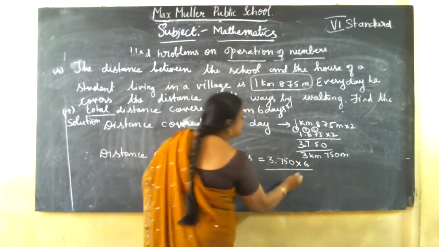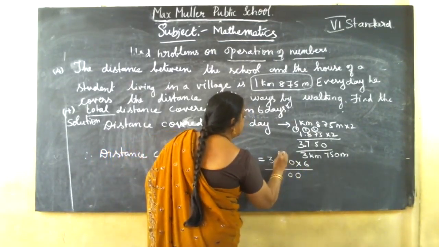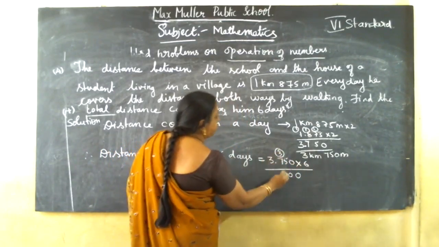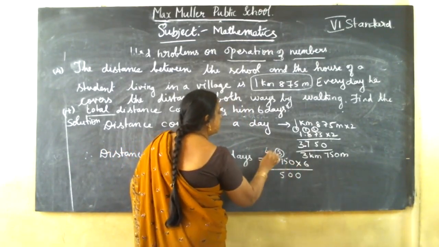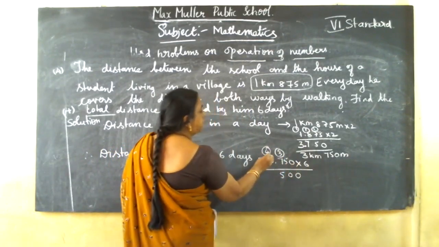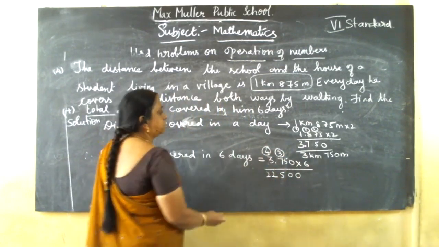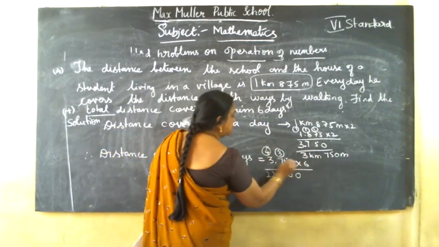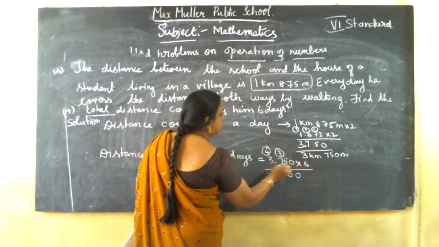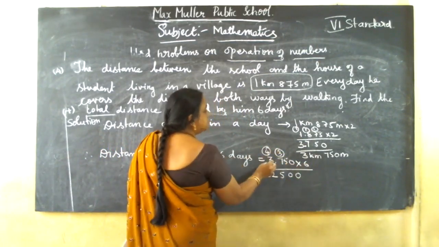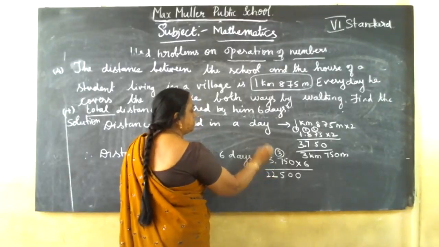6 zeros are 0, 6 fives are 30, 3 carry, 6 sevens are 42, 43, 44, 45, 5, 4 carry, 6 threes are 18, 19, 20, 21, 22.